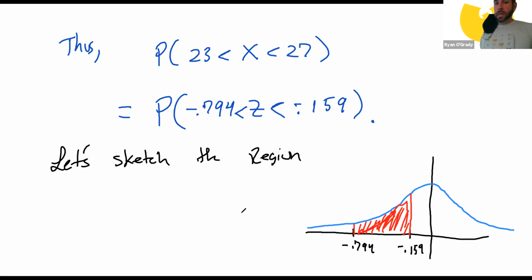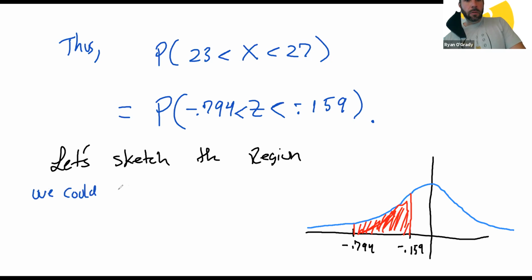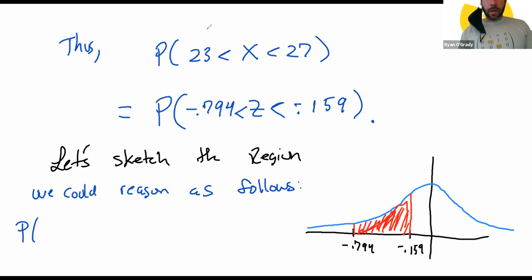So we could reason it as follows. We could say, okay, this probability, this red region, let me write it in English right now instead of scary symbols.